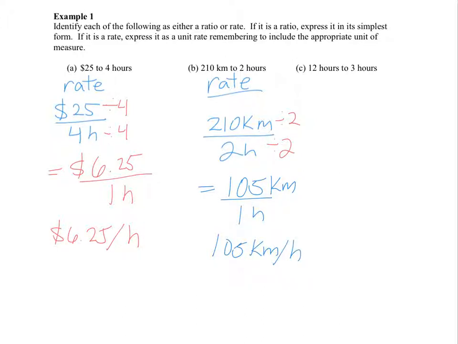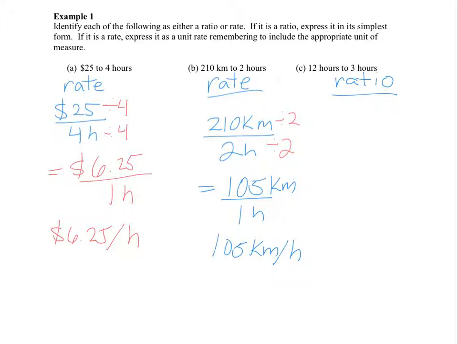Okay? Now if we look at the third example, we have hours to hours. So this is actually a ratio. Okay? Because that could be like Mike's hours compared to Jane's hours, right? They're both measuring time in hours, okay?